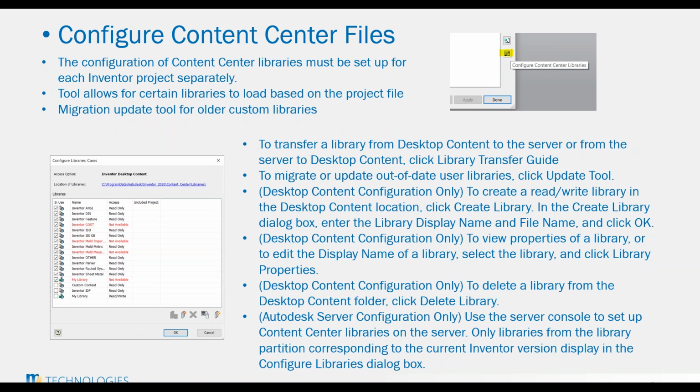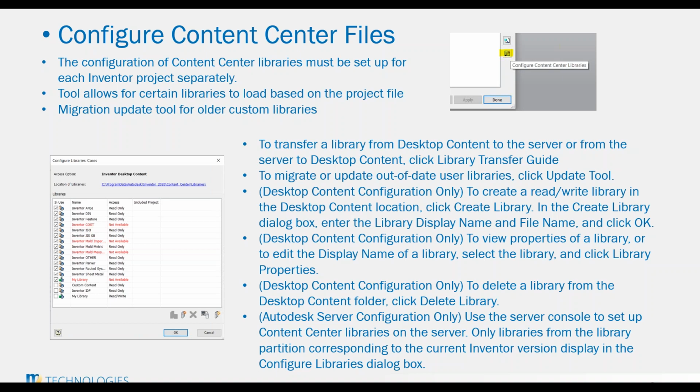One other area I want to talk about briefly as we're running out of time here, in the project dialog box, just above the done button, you'll notice in the screenshot in the upper right, there is a configure content center button.